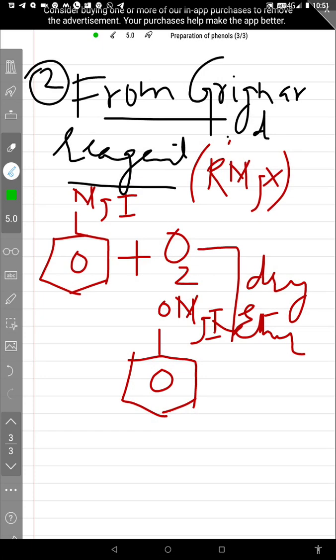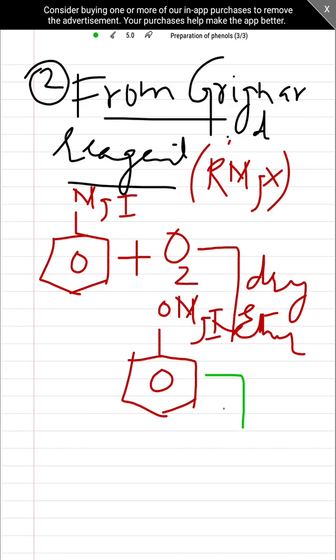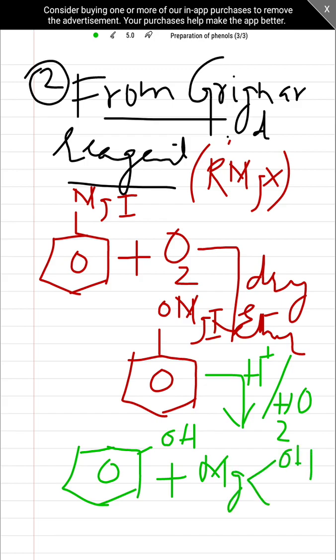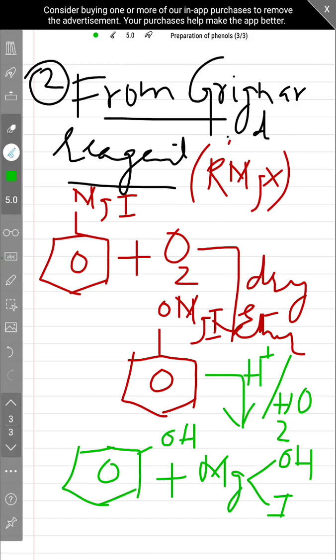Therefore, this phenoxy magnesium iodide on further acid hydrolysis is going to produce phenol. This is the major product. Another byproduct we can write is magnesium hydroxyiodide.